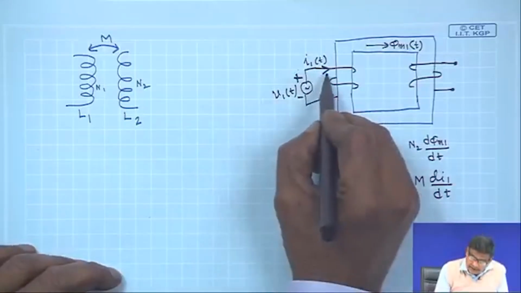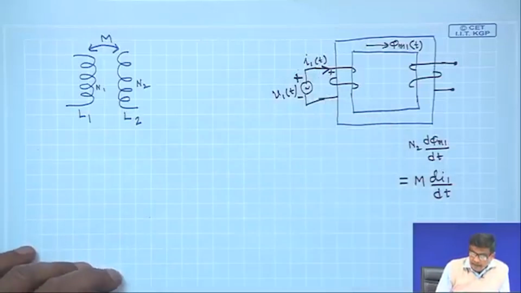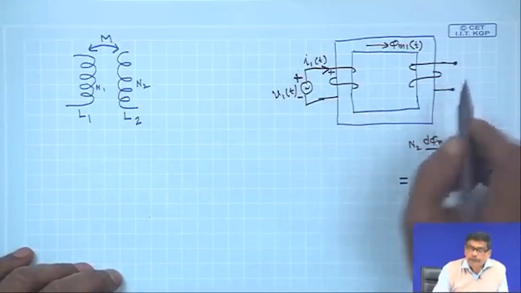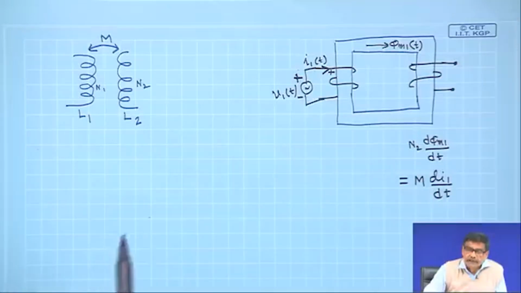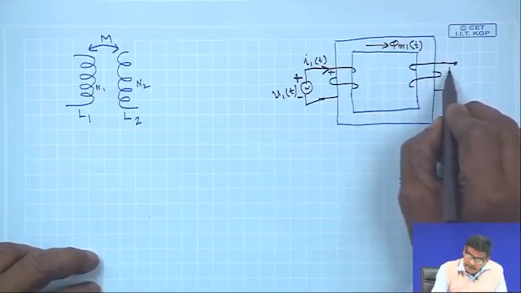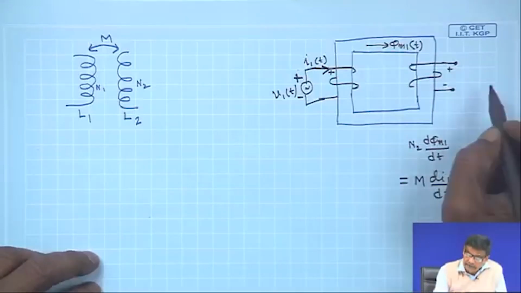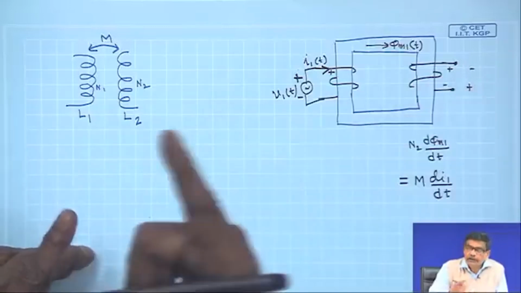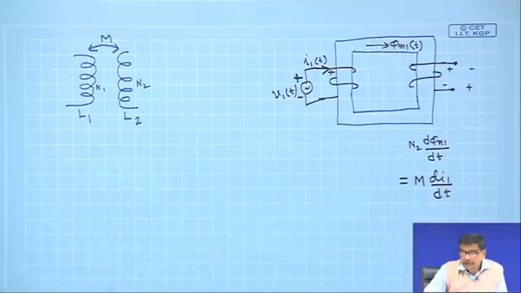Suppose at this instant it is plus, then which of these two will become plus? That is the question being asked. The answer could be either this is plus and this is minus, or this is minus and this is plus. We have only two options, and out of these I have to choose the correct one.